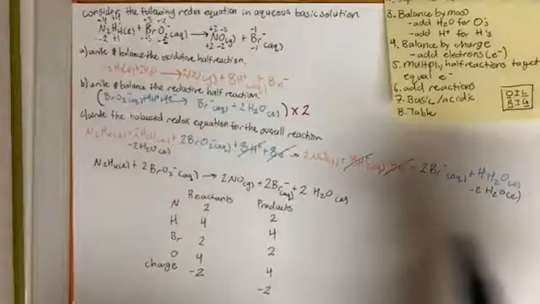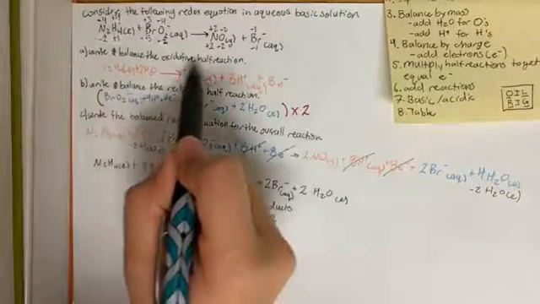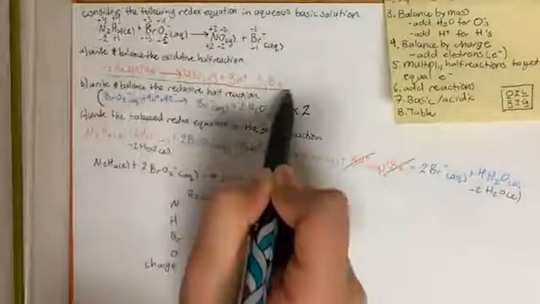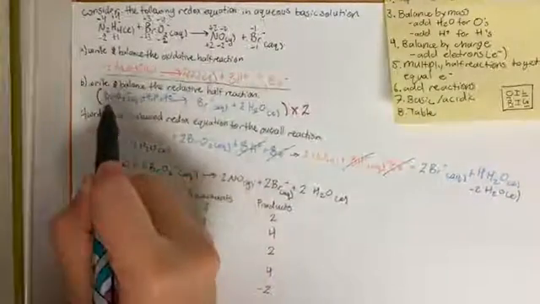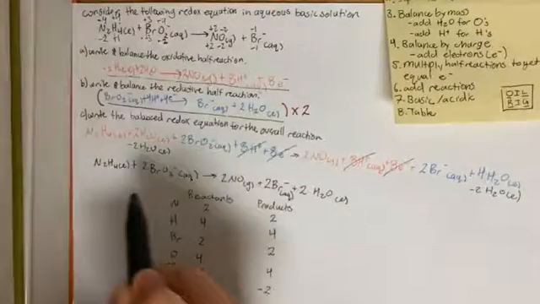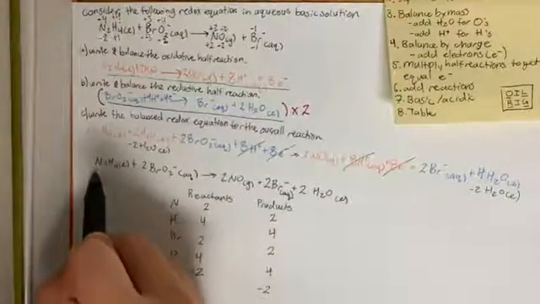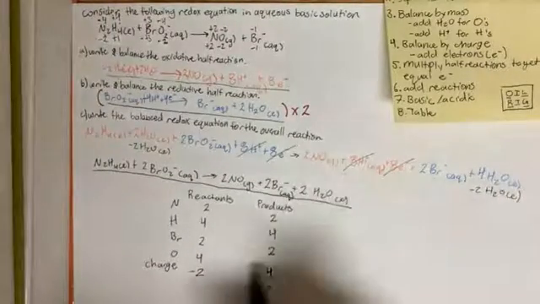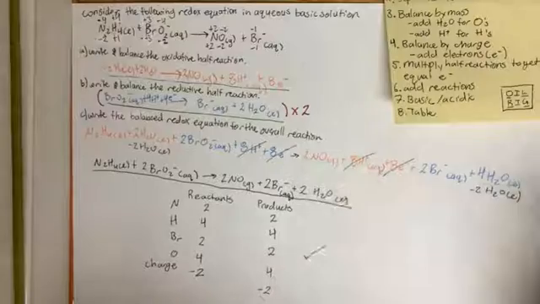Great. So we have the balanced oxidative half reaction, the balanced reductive half reaction, and the balanced redox equation for the overall reaction. And this table checks our answer.